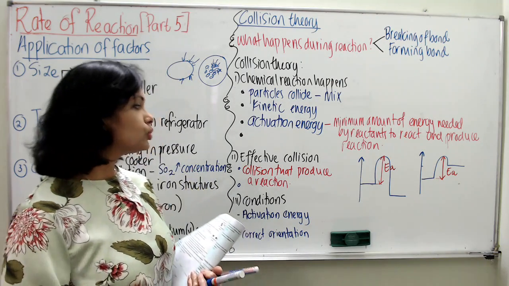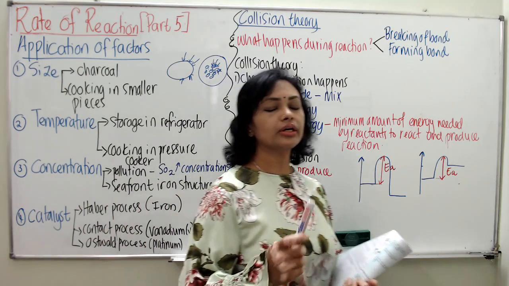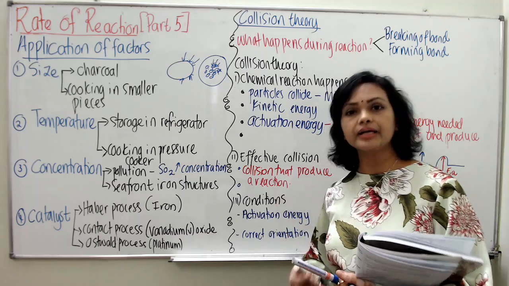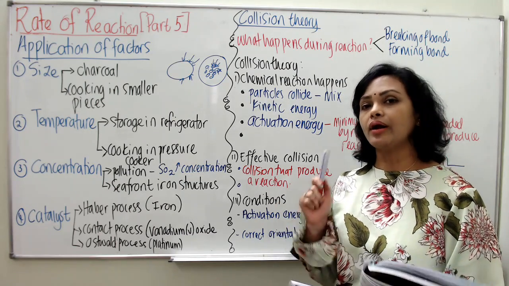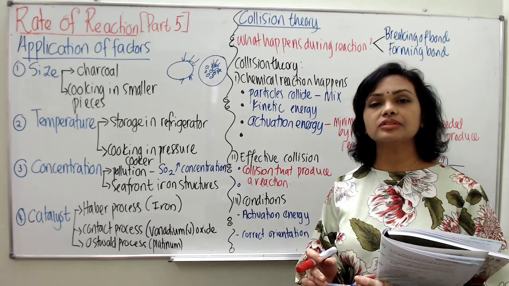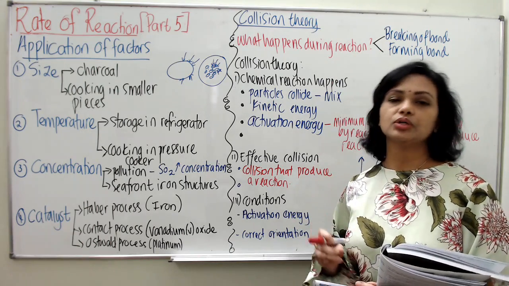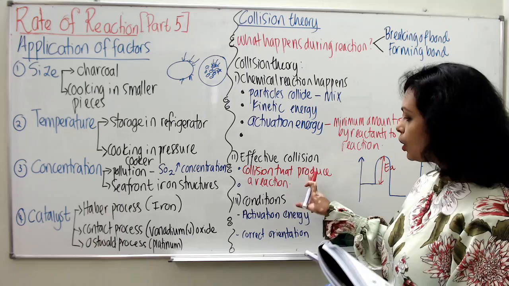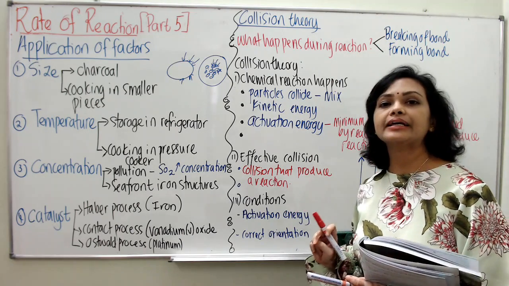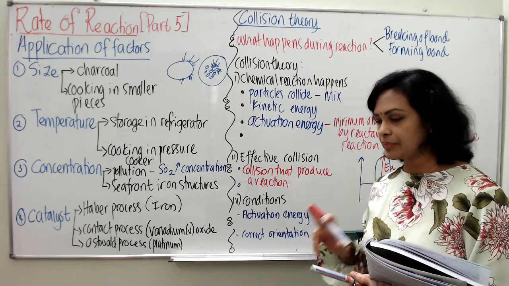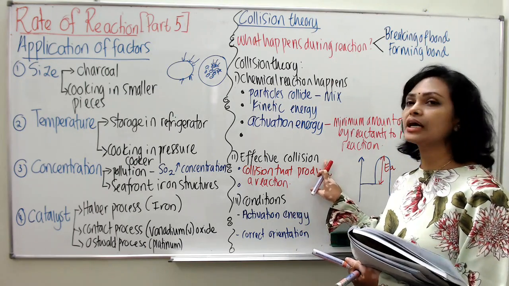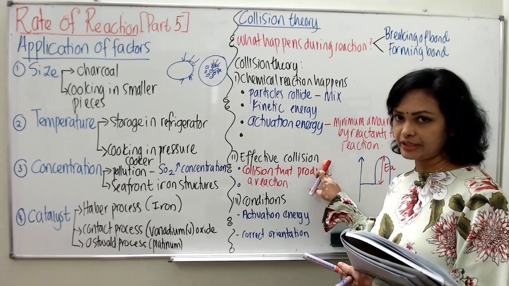Now, you might be wondering, teacher was talking about how effective collision guarantees a reaction. What are the two important factors or conditions that make the reaction happen? Or what are the two conditions for the particles to collide effectively? Teacher repeats: what are the two conditions for the particles to collide effectively?